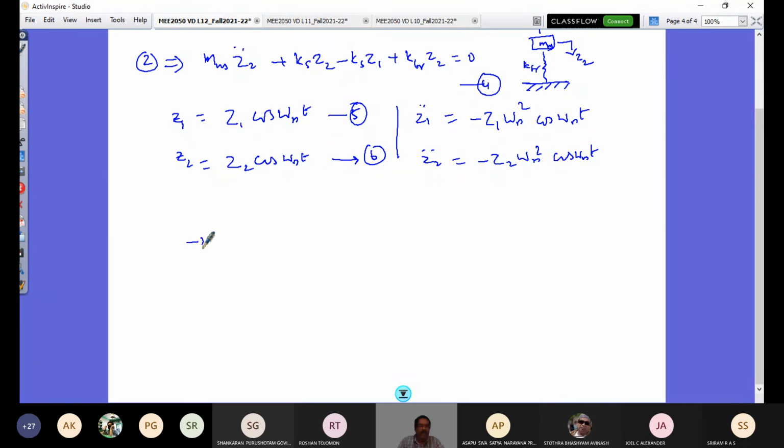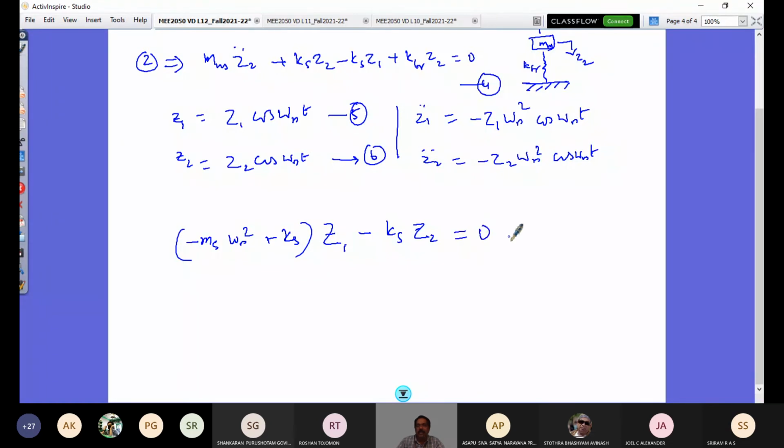Like this: minus MS omega n square plus KS, into, I'm skipping some steps that I leave it to you to work out, this is the amplitude of the sprung mass, minus KS into Z2, all into cos omega n t, equal to 0. So cos omega n t cannot be 0, so this can be equated to 0.